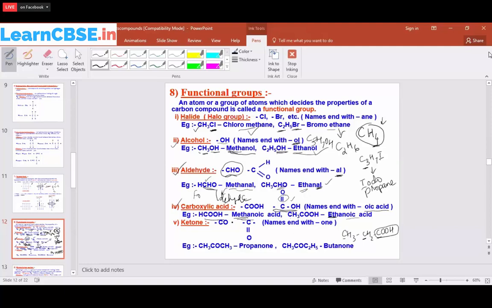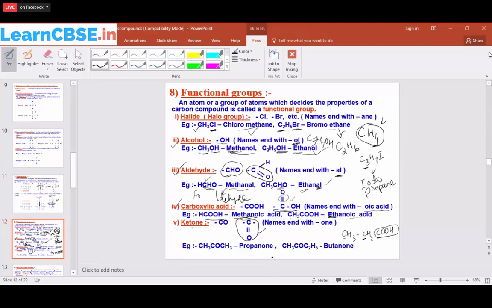Okay. Next one is the ketone. Ketone also has the C double bond O. Here is the basic difference between the aldehyde and the ketone: aldehyde also has a C double bond O, and ketone also has a C double bond O. Now, how to tell the difference?